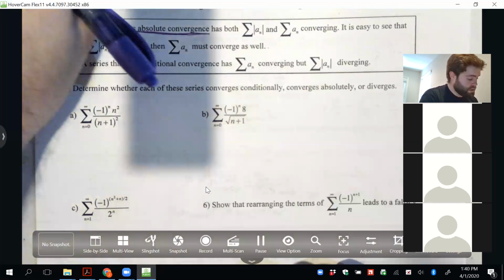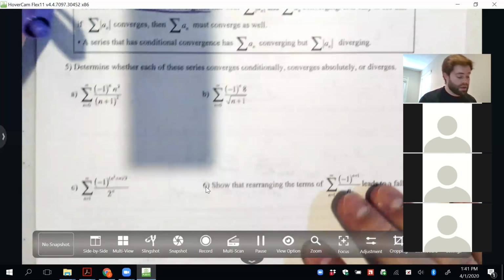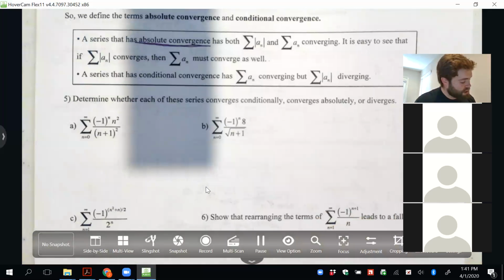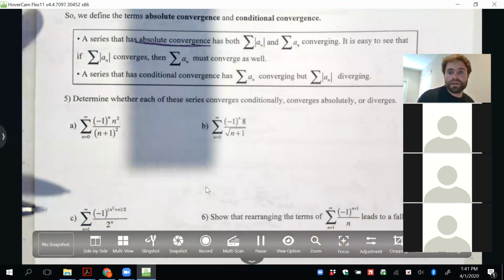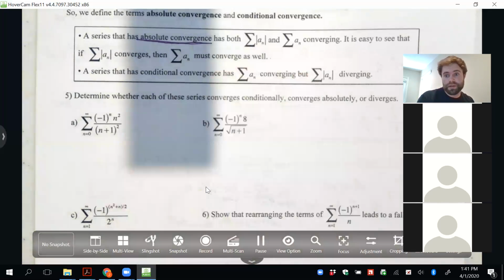So this is for alternating series only. Yes, this is still for alternating series only. Because putting on the absolute value then eliminates the negatives, and essentially we're just looking at the summation of the sequence without the -1 to the power. And so it will be absolutely convergent if the alternating series already converges normally, as well as if it converges without the negatives, because essentially the absolute value sign just gets rid of negatives.